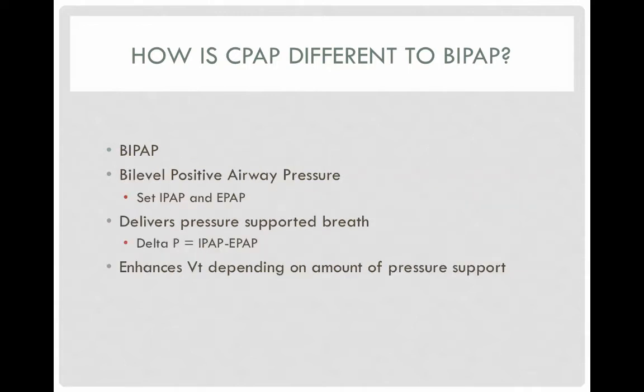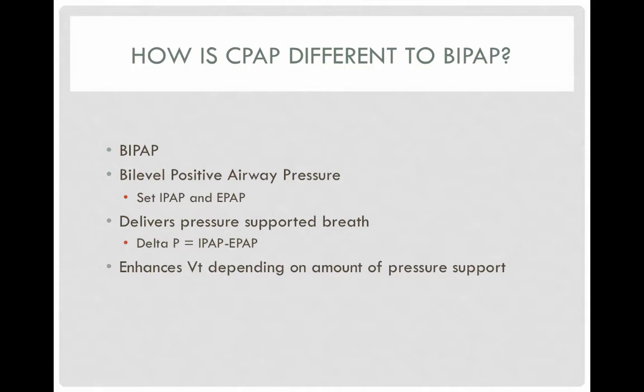BiPAP then is bi-level positive airway pressure, meaning we're going to have two levels of pressure, one when we breathe in and a lower pressure when we exhale. And then with BiPAP, we're able to deliver this pressure support. The term we use for the amount of pressure support is delta P. Remember, delta means change, so the change in pressure, which is the difference between that IPAP pressure and the EPAP pressure.